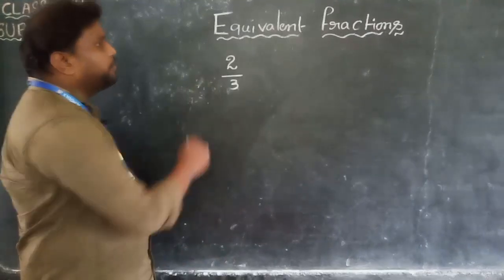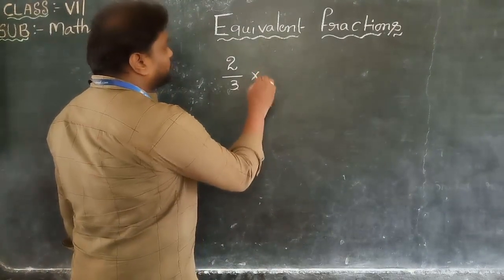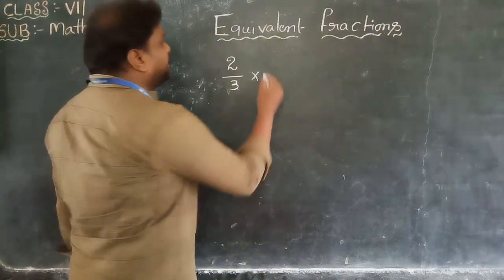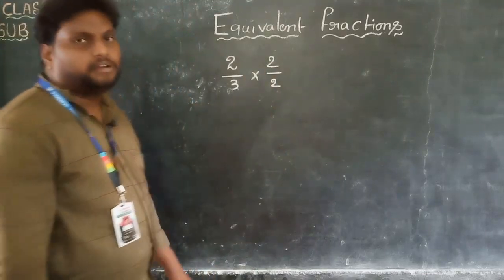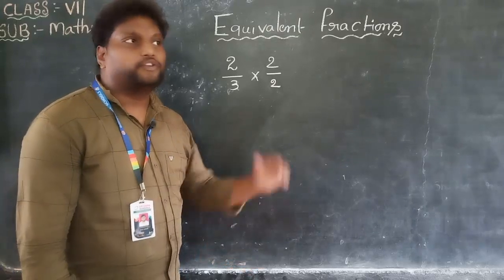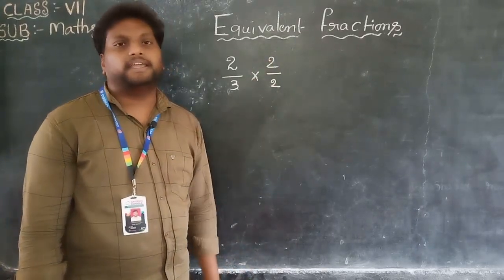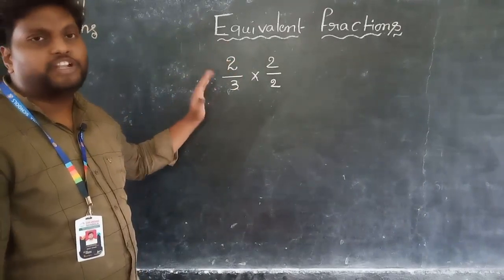For this standard form of fraction, we should multiply any number with the numerator and denominator equally. If you multiply only the numerator, the value will change.